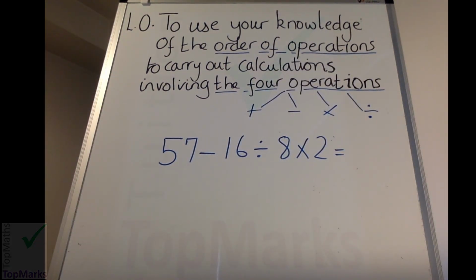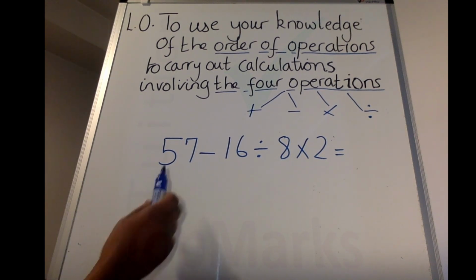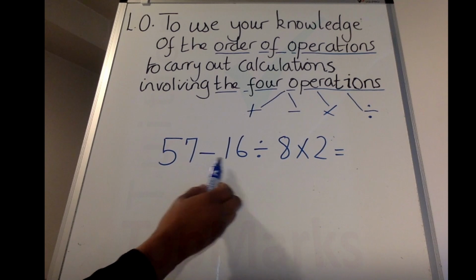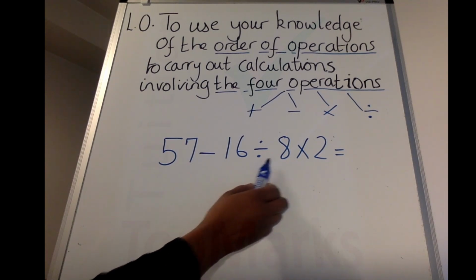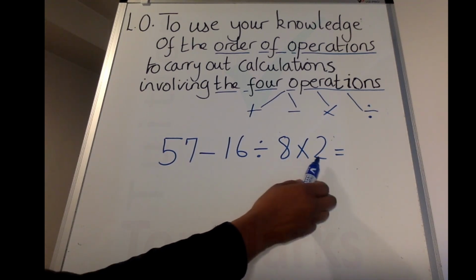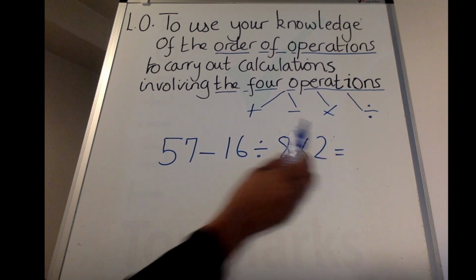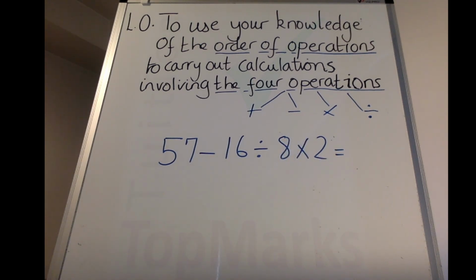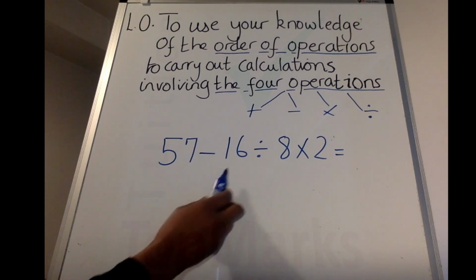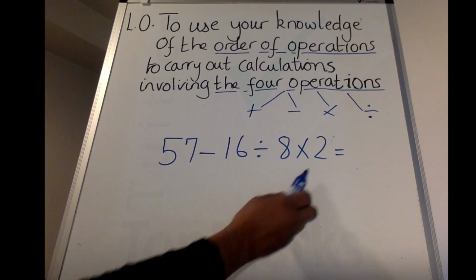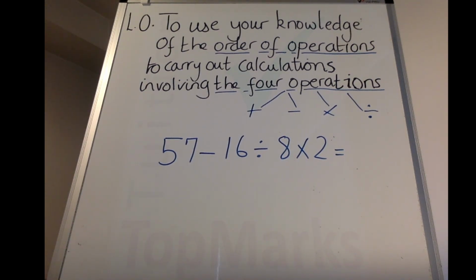Okay, have a look at this calculation with me. 57 take away 16 divided by 8 times 2 equals. I can hear you already. You're thinking, well, there are different ways that I can approach this calculation.